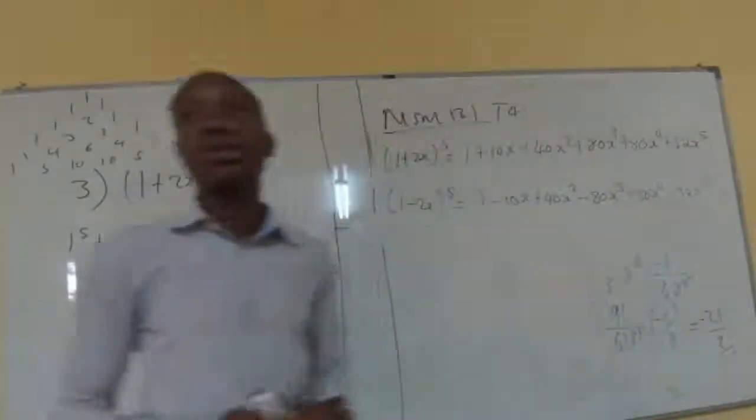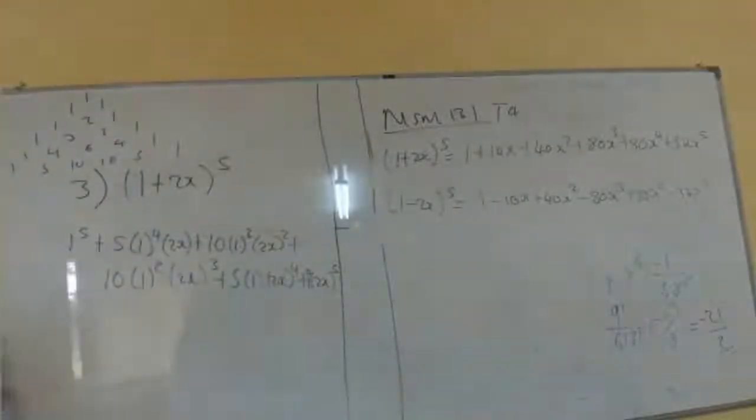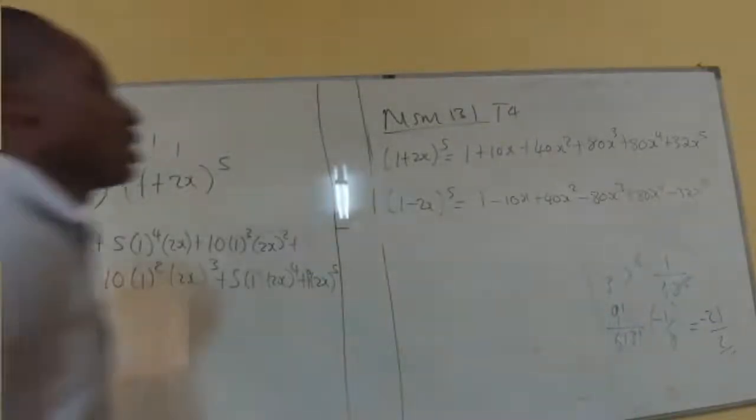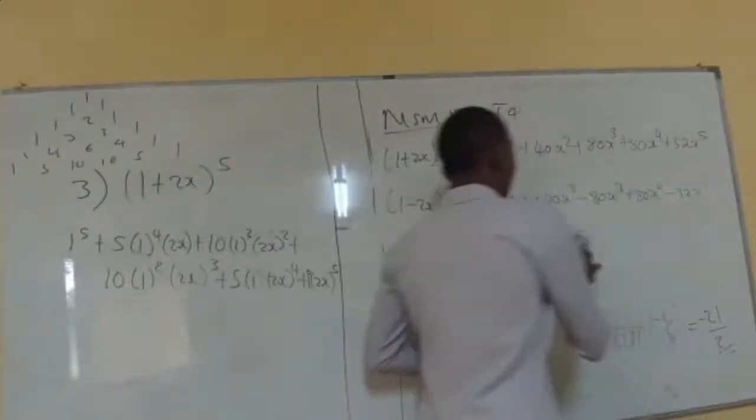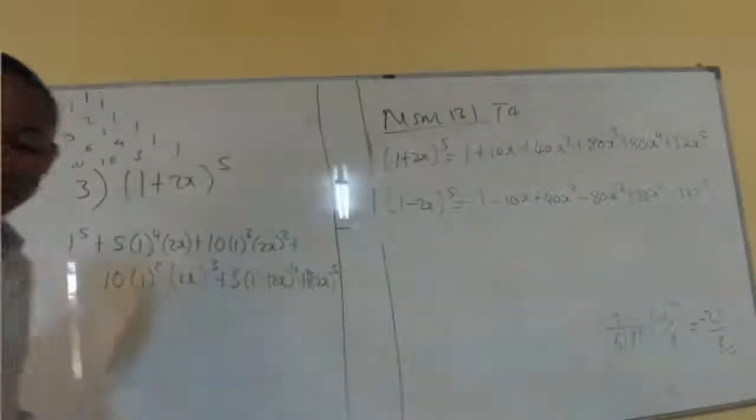So the 32 at the end is minus, because the 5 is not even. Whatever power is not even automatically becomes negative. So from here, let's continue on.